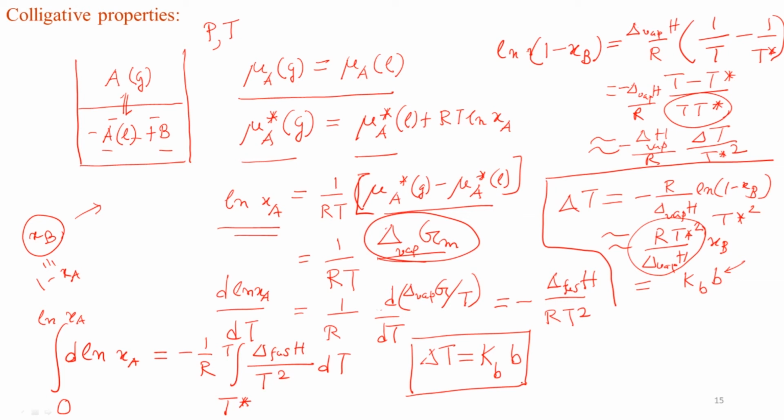So this equation shows how one can connect the amount of B, the mole fraction of B, xB, or equivalently the molality of B, to the depression of freezing point or the elevation of the boiling point. We derived it for the elevation of the boiling point, but similar mathematics also holds for the depression of the freezing point. So let me now summarize what we discussed in this lecture.